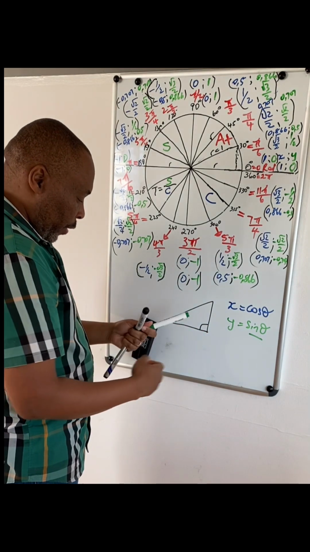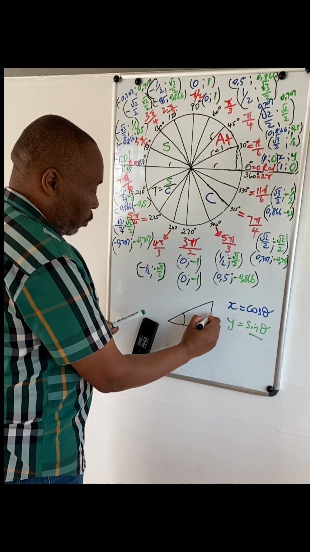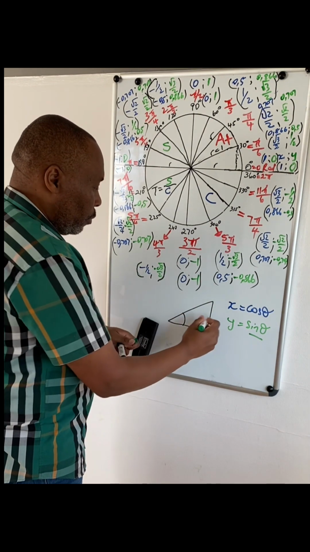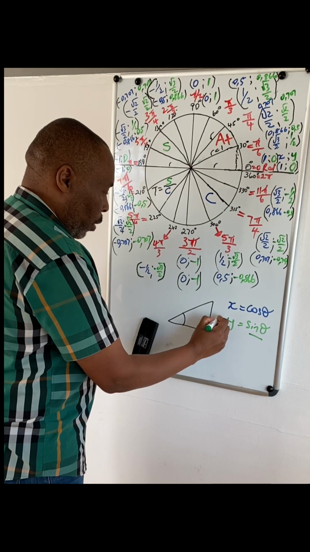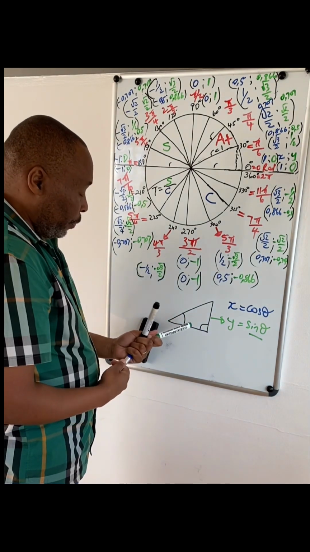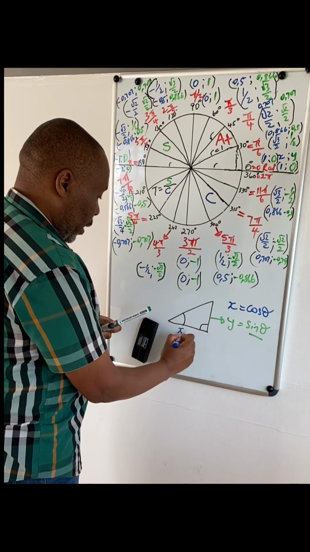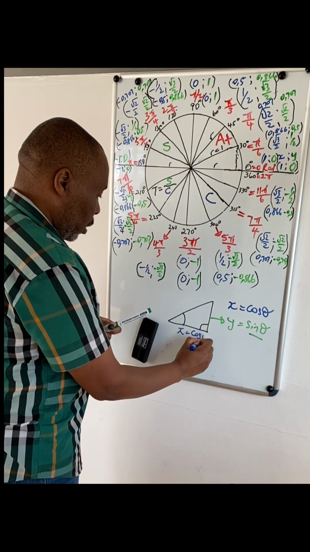If the angle is here, this would be the y value, which is y is equal to sine theta, and here should be the x value, x equals cos theta.